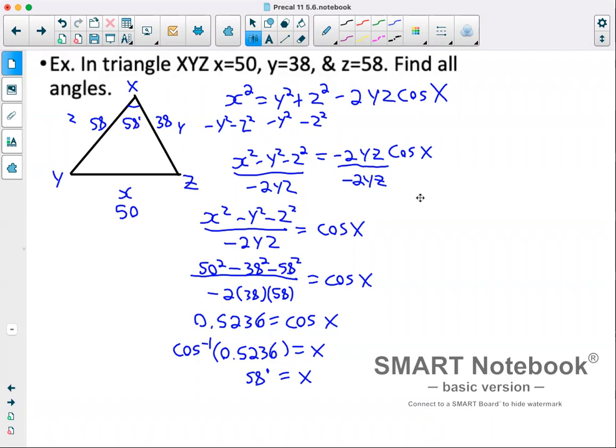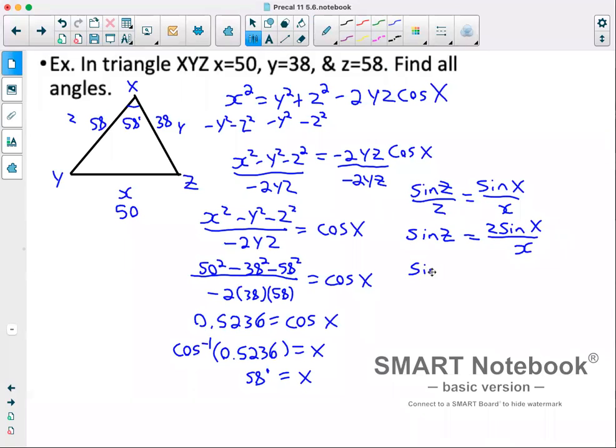So if I'm solving for angle Z, I'd have sine of Z over z is equal to sine of X over x. So that gives me sine Z is equal to side length z sine of angle X over side length x.